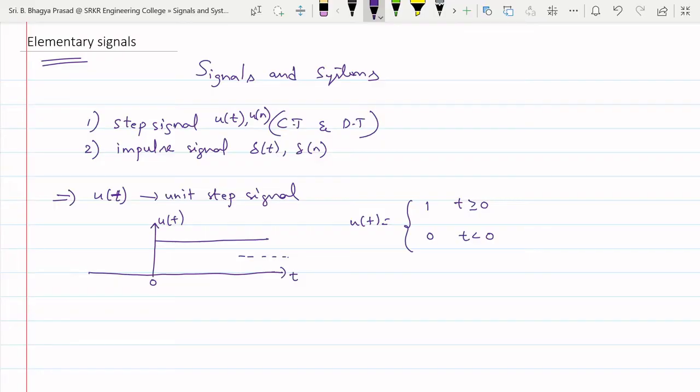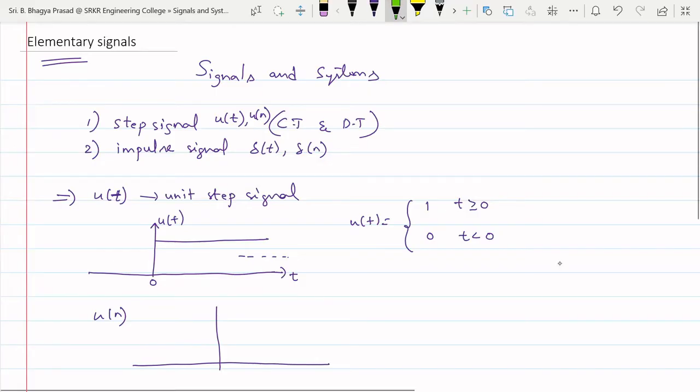The same, if you observe in the discrete case, that is u of n, it is defined like this, with samples at the discrete positions 0, 1, 2, 3 like this.